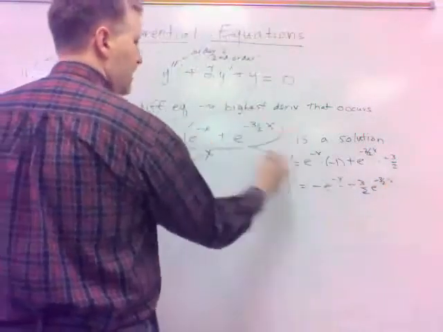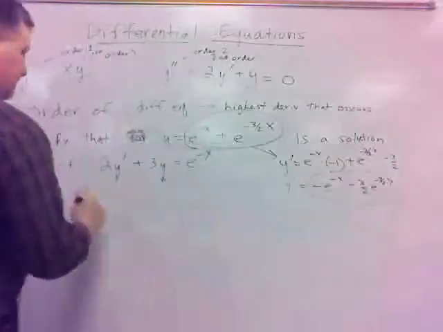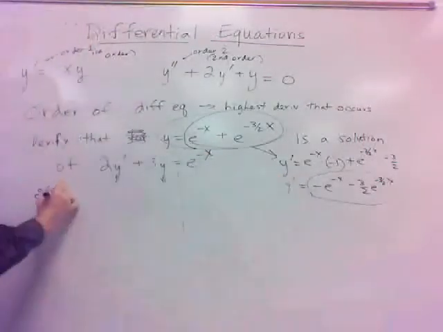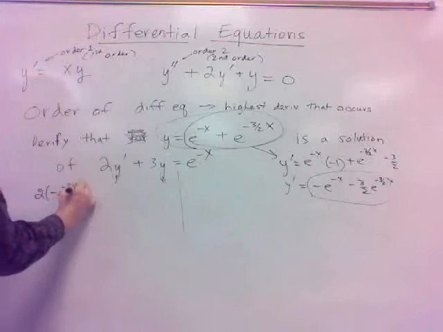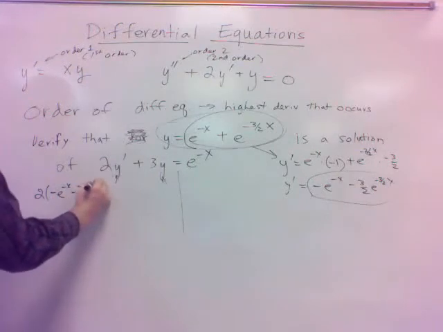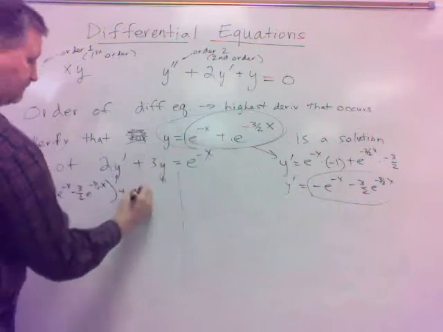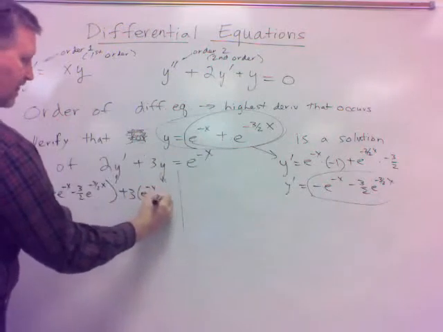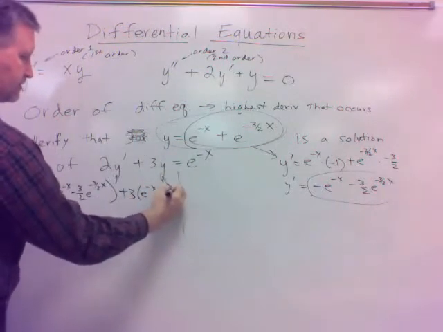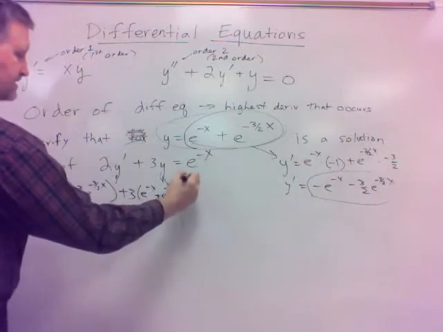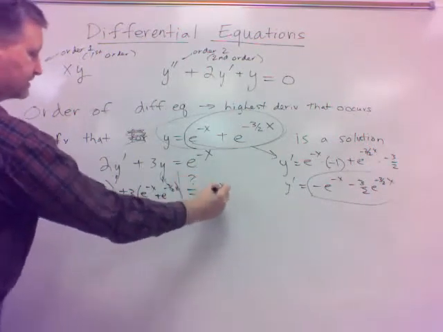So let's take this for y, this for y prime, and see if it all works out. So I'm going to do 2 times y prime, so 2 times that, plus 3 times that. And we're going to see if that does indeed equal e to the minus x.